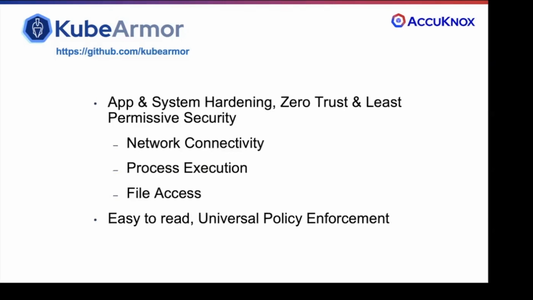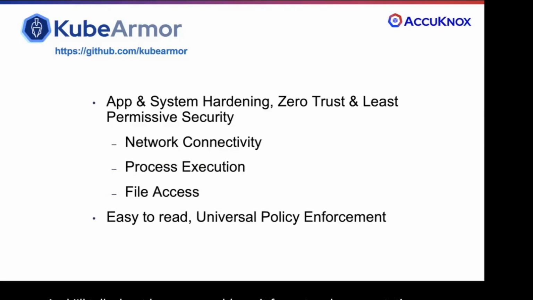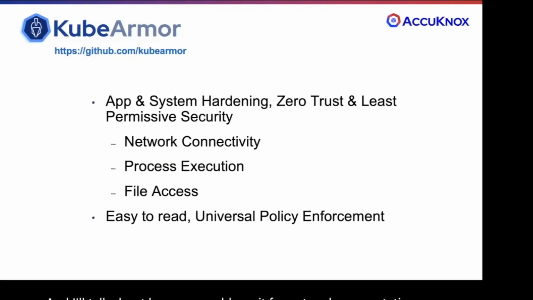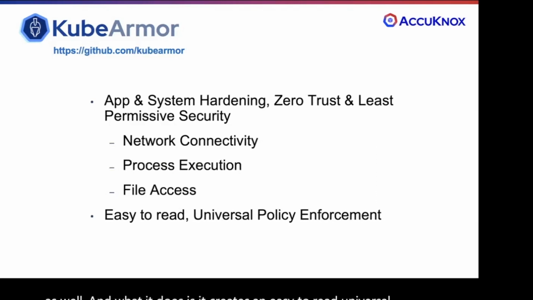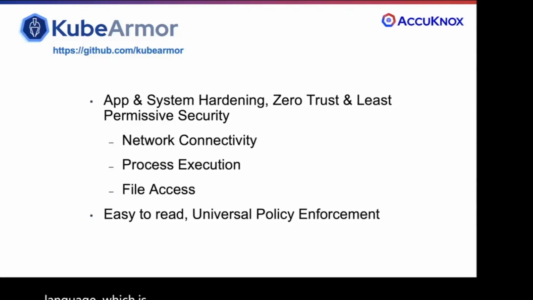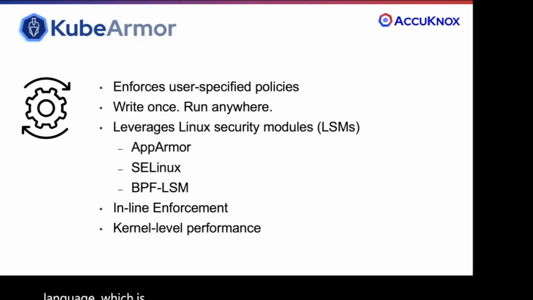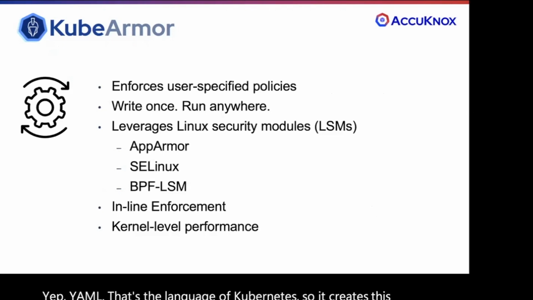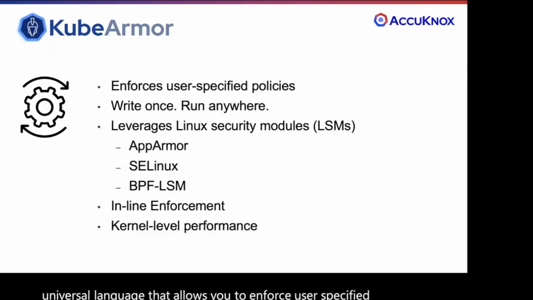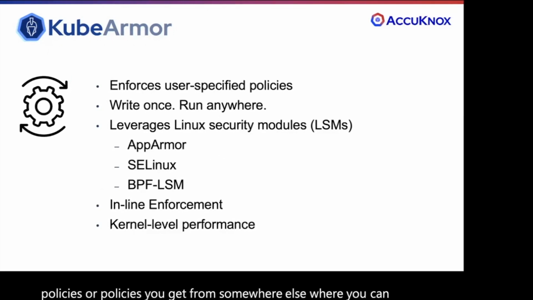And I'll talk about how you could use it for network segmentation as well. What it does is create an easy to read universal policy language, which is YAML. That's the language of Kubernetes. It allows you to enforce user-specified policies or policies you get from somewhere else, where you can write that policy once and run it anywhere.